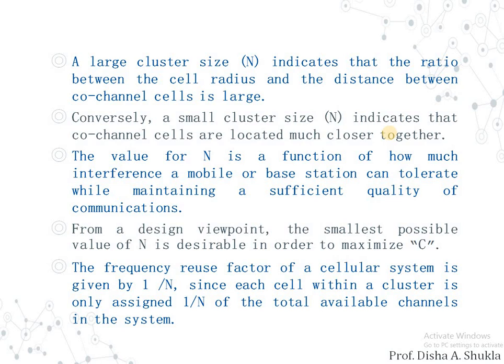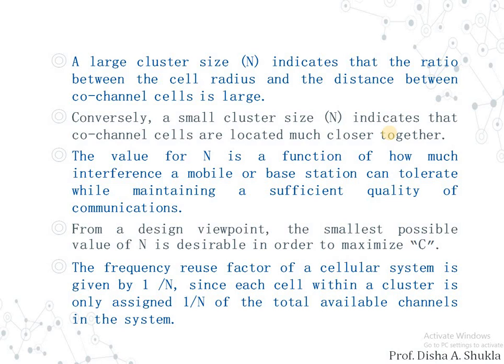Conversely, a smaller cluster size indicates that the co-channel cells are located much closer. The value for n is a function of how much interference a mobile or a base station can tolerate while maintaining a sufficient quality of communication.